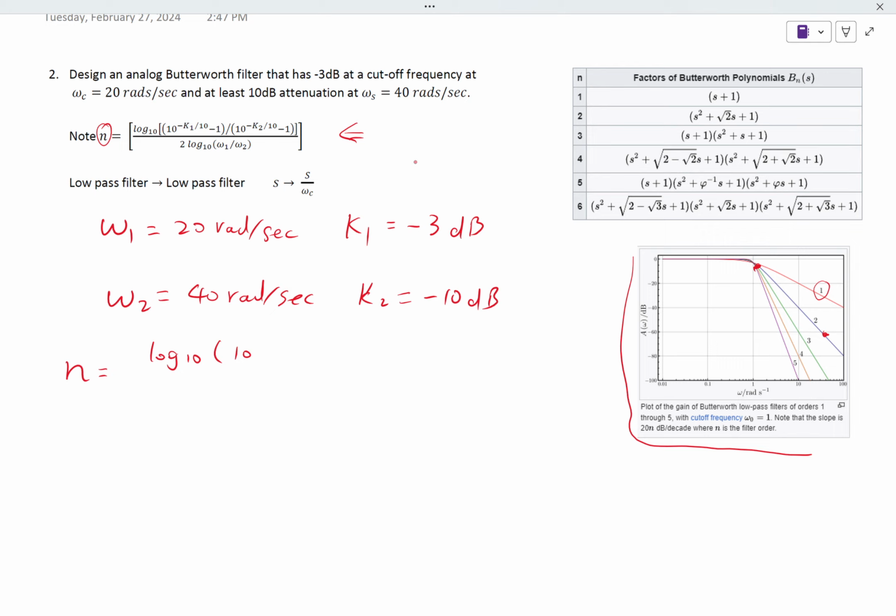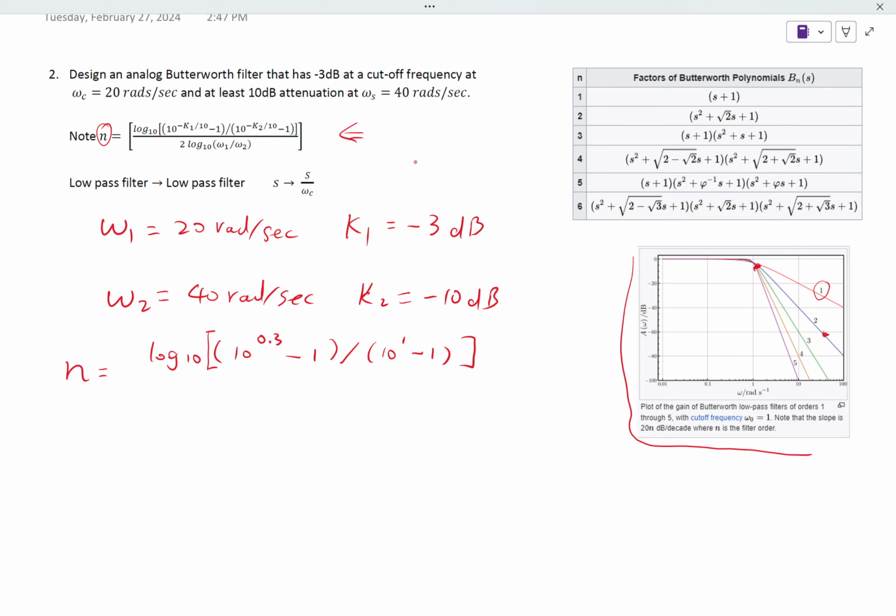There is already a negative, so the negative is positive, so we got a positive 0.3 and a minus 1, divided by 10, which is negative 10, and another negative makes it positive, so 1 minus 1, and we put it into the log.